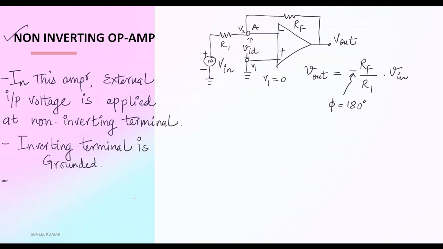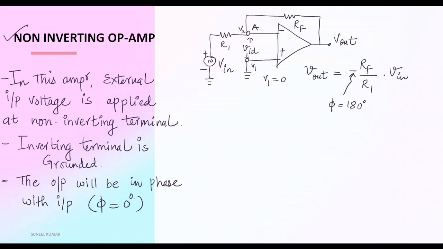That means the output of non-inverting amplifier is always in phase with the input, meaning there is a phase shift of 0 degree.